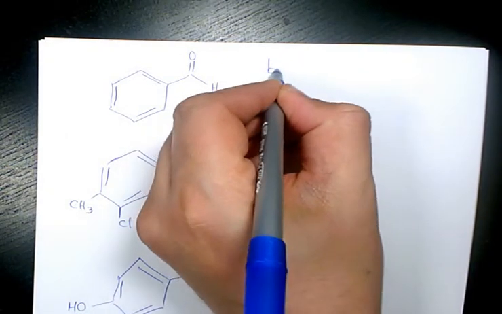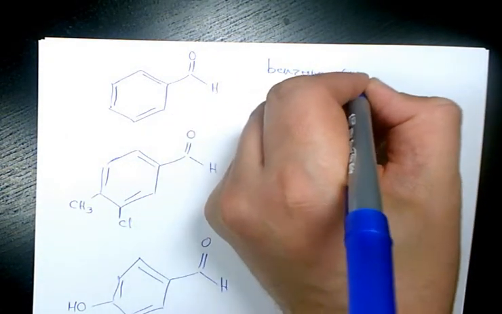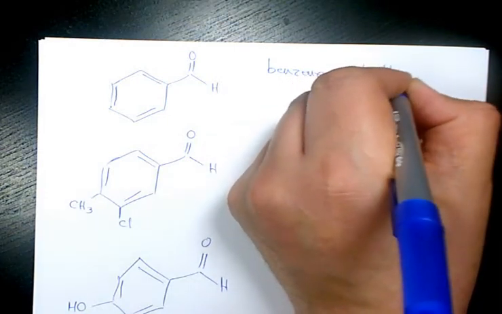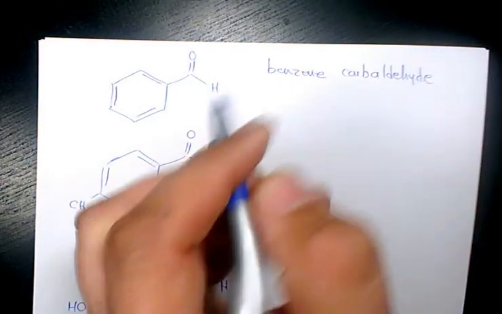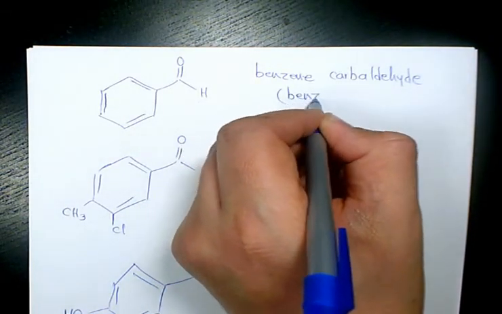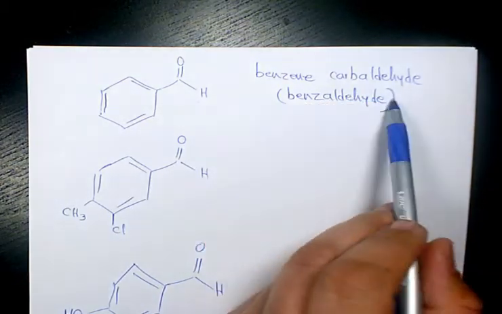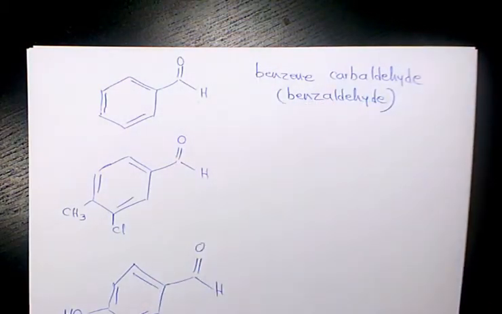We call it benzene carbaldehyde. Or the common name for that is benzaldehyde. Both of them are correct. This is the common name and the first one is the IUPAC name.